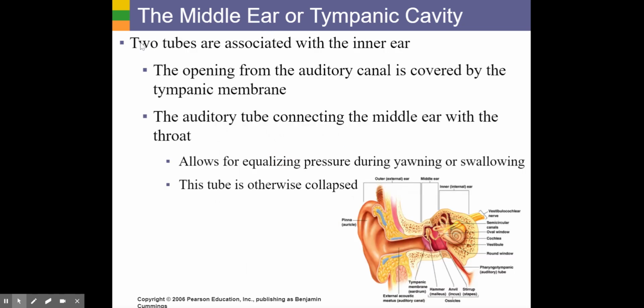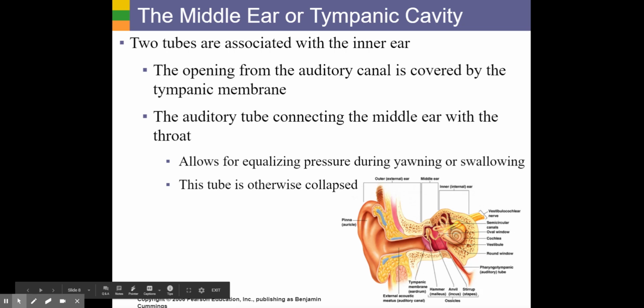Middle ear, so there's actually two tubes associated with the inner ear. There's what's essentially referred to as the opening from the auditory canal, or the tympanic membrane. And then the auditory canal is connected to the middle ear via the throat. And this is what I was talking about earlier. So you can actually equalize pressure in there by yawning or swallowing. Otherwise, that tube is usually collapsed or closed off.